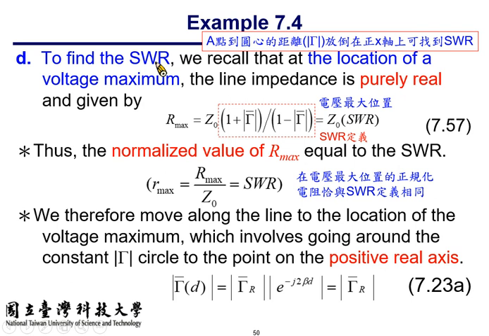That equals 1 plus the magnitude of gamma, divided by 1 minus the magnitude of gamma. Because gamma is 0.6 here, that will be 1.6 divided by 0.4. So the standing wave ratio of this point will be 4. However, you should know how to find it in terms of the Smith chart.